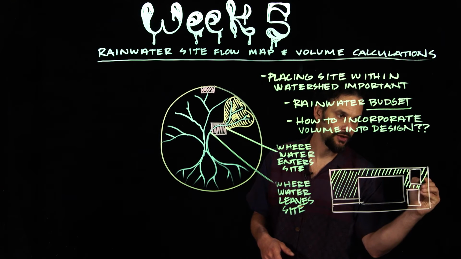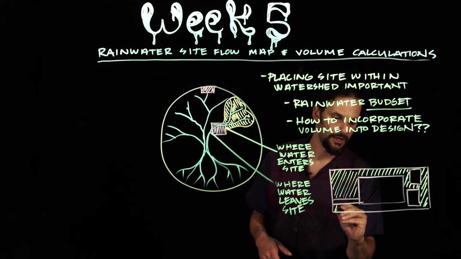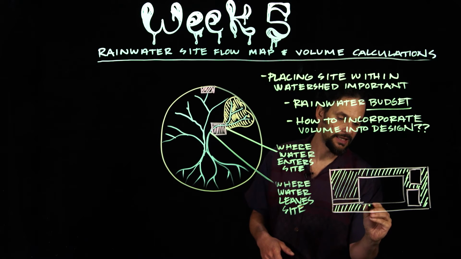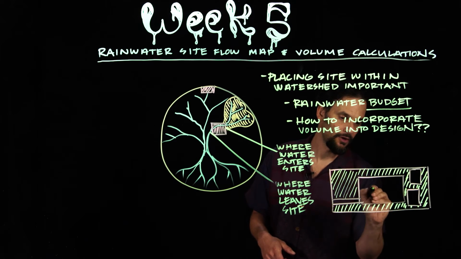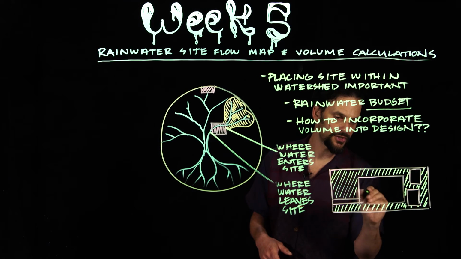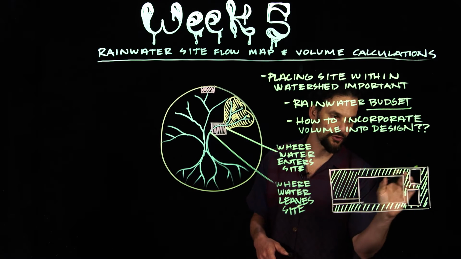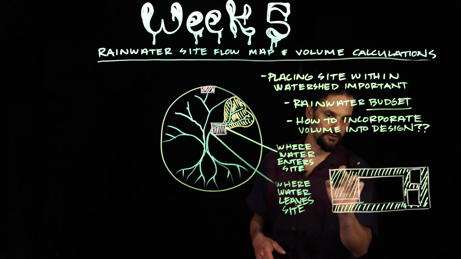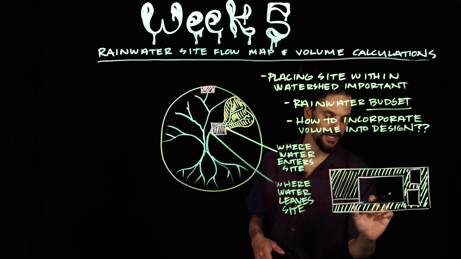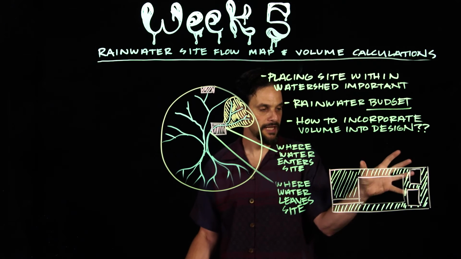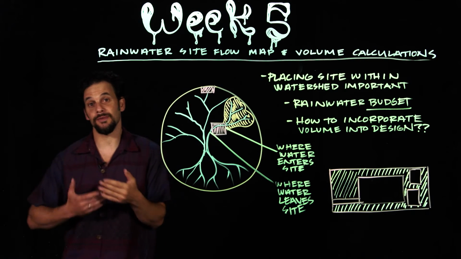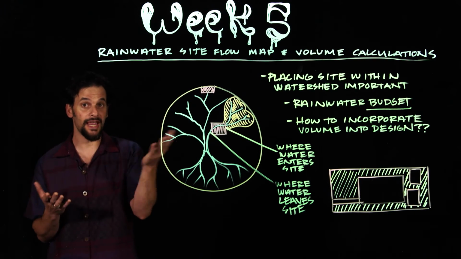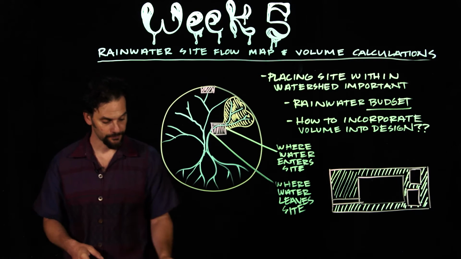And it becomes a challenge, and at a certain point you realize that given the amount of space you have and the amount of hardscape or impermeable surface space in proportion to the amount of other space on the site, there's no way to actually infiltrate all the water onto that site. But that's something that we want to explore. That's something we want to look at and we want to understand through this exercise.